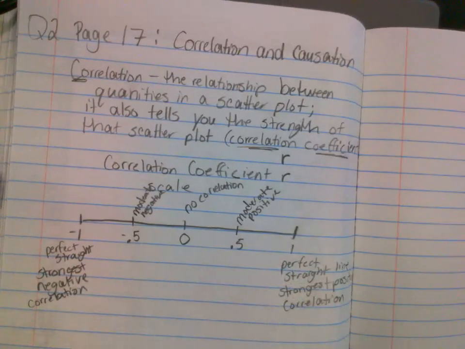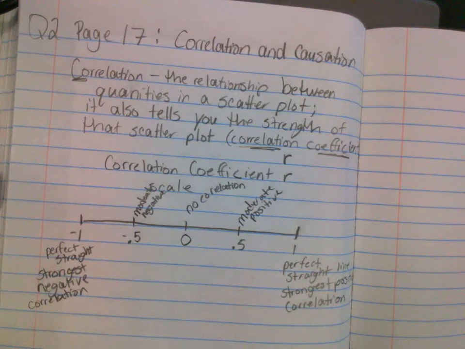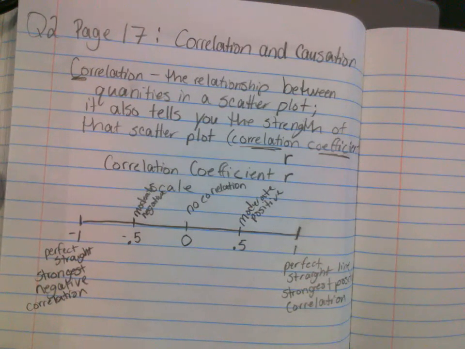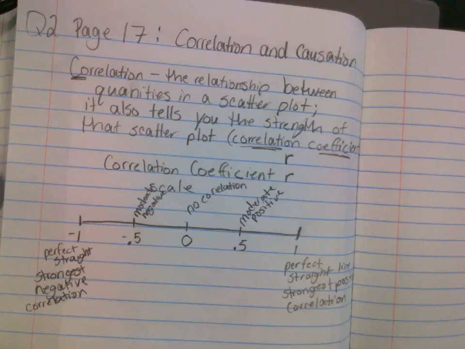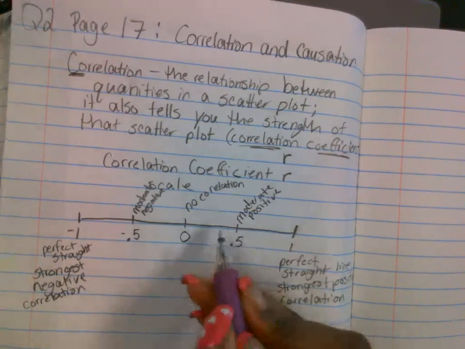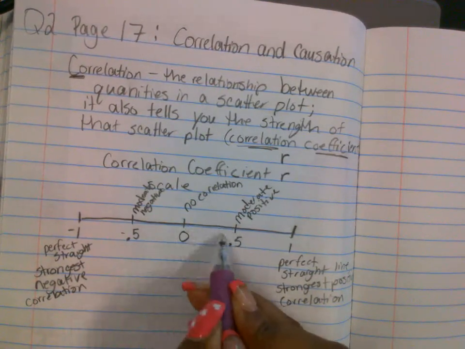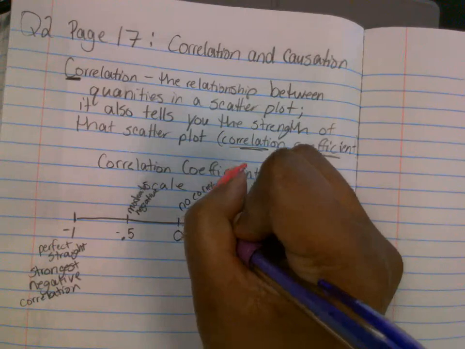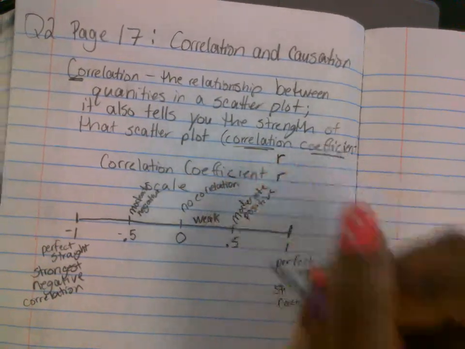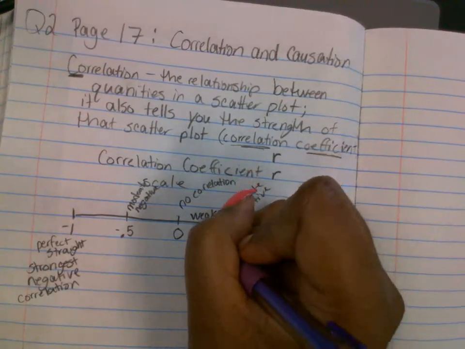Okay, any questions about that? Okay, so here, this is where it gets weak. Anything that's under 0.5 is going to be weak. All of this in here is weak to no correlation.